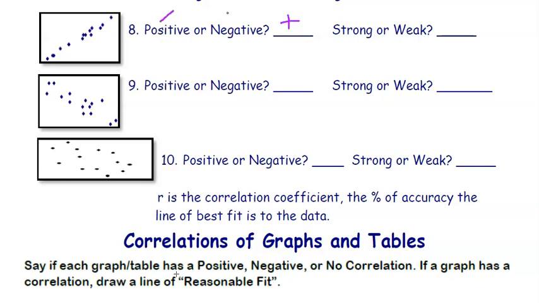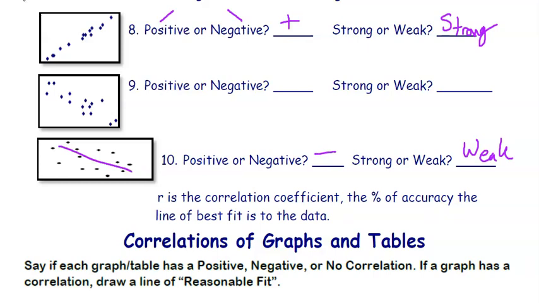Positive is increasing, negative is decreasing. Since it's really close to being a straight line, that would be considered strong. For this one, this would be considered weak. And it looks like it's more negative than positive.